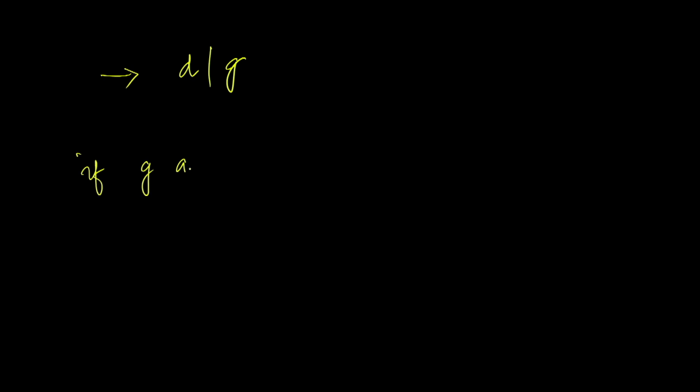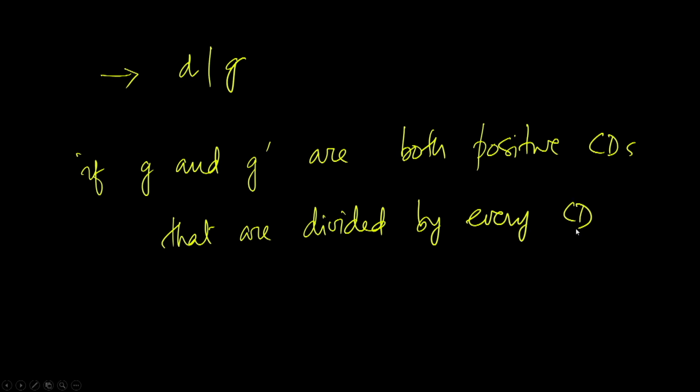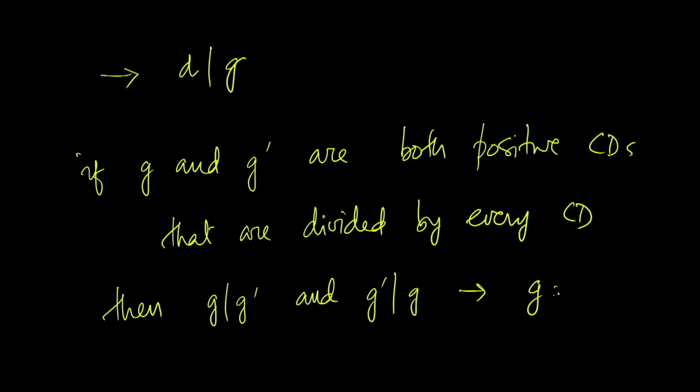If G and G prime are both positive common divisors that are divided by every common divisor, then G and G prime are themselves common divisors, so we have G divides G prime and G prime divides G, which implies that G equals G prime.